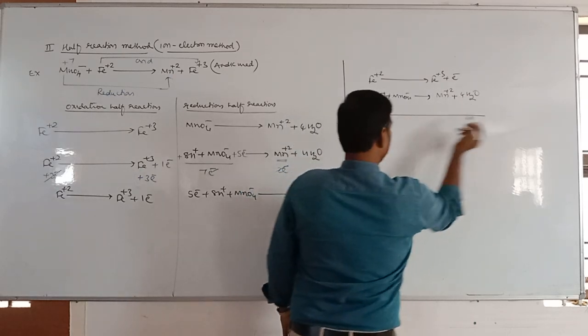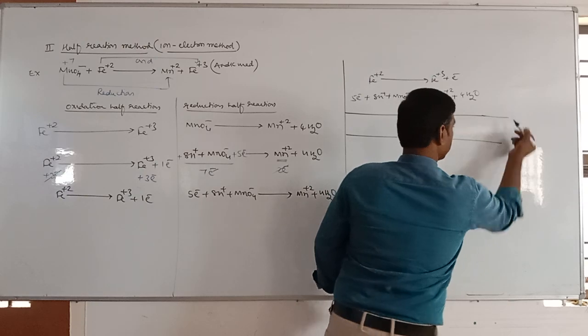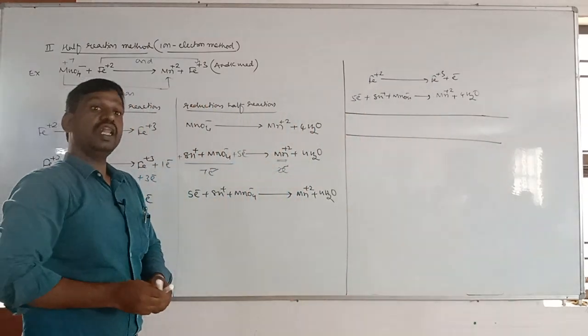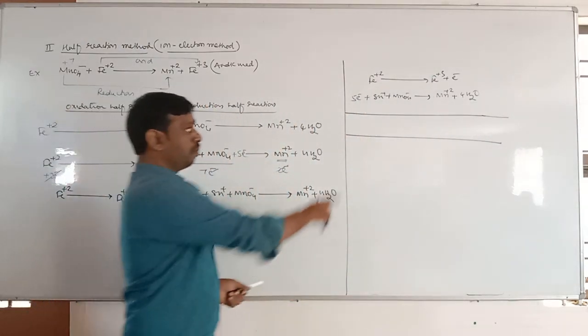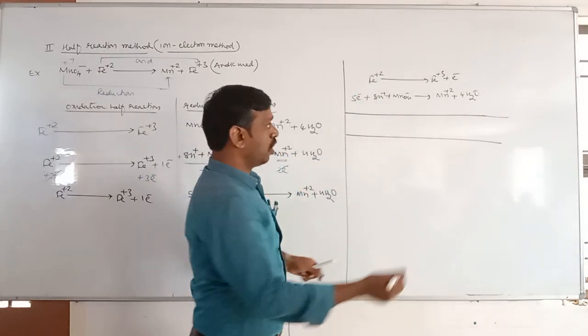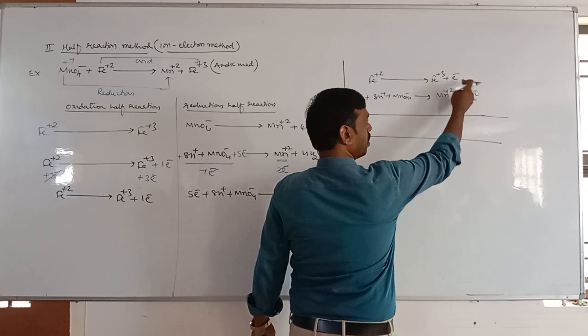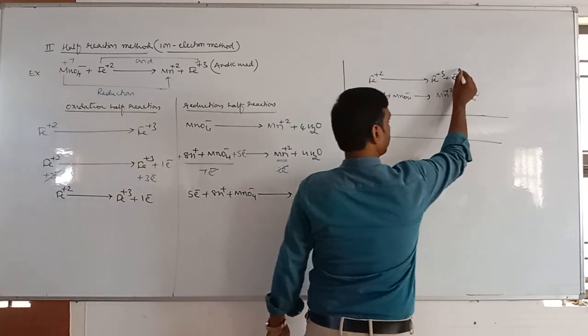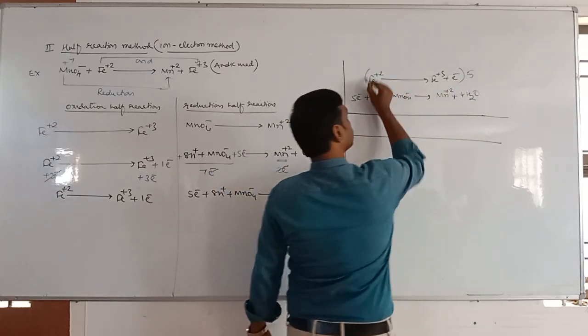Okay. Before adding the 2 half equations, we need to balance electrons. Both half equations should be balanced with respect to electrons. How many electrons in the above equation? 1. Below is 5. Therefore you multiply with 5.